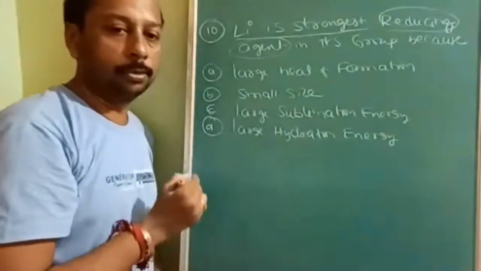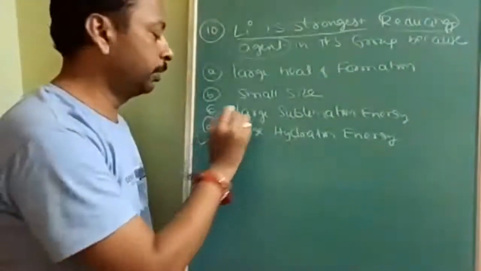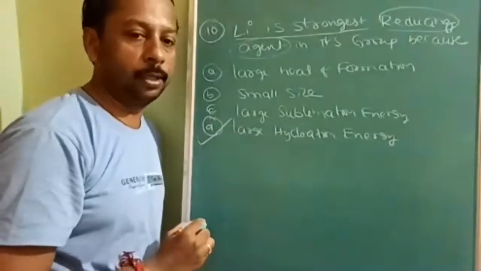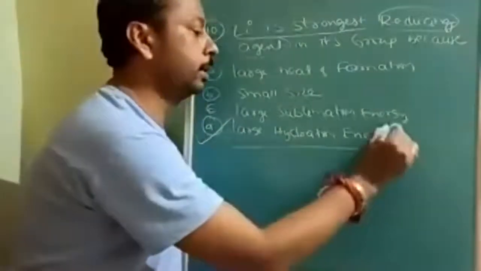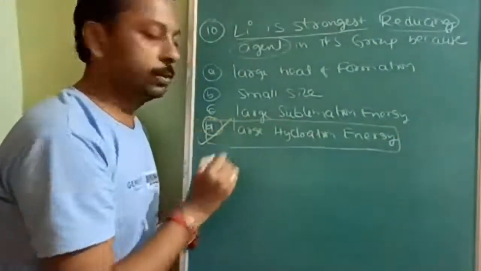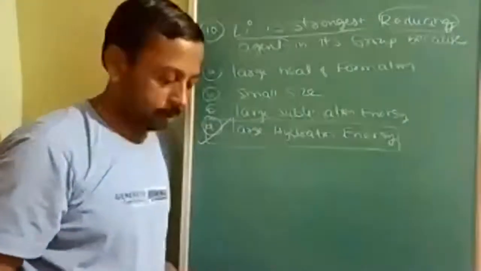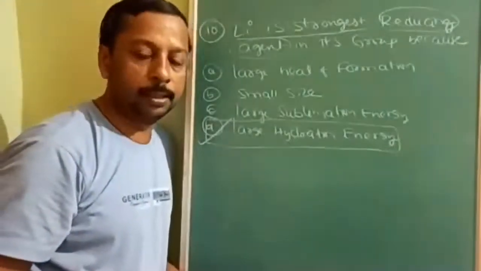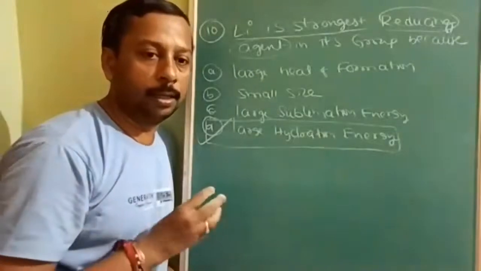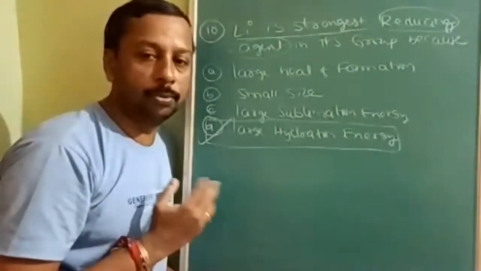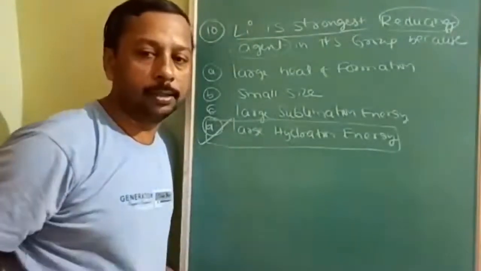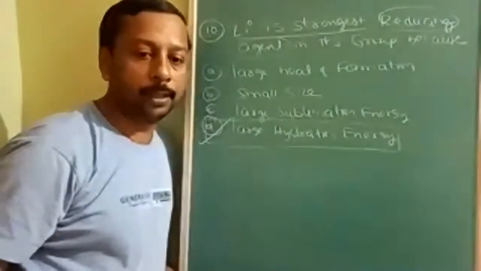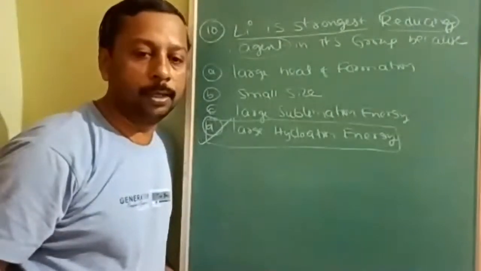Okay, so this is a very famous question from the NCERT statement. The answer is large hydration energy. Because of its high charge density, even though its ionization energy is high, the required ionization energy is less than what is released in the hydration energy. Okay, so because of it, it is an exceptionally good reducing agent.